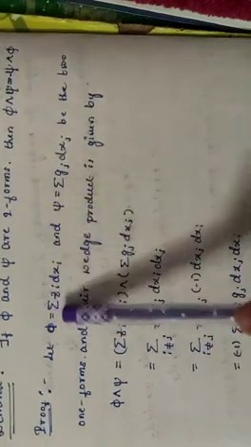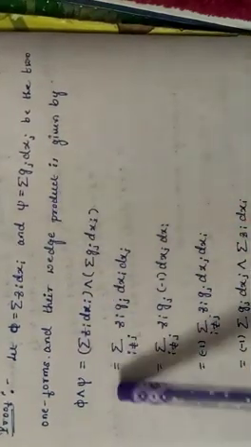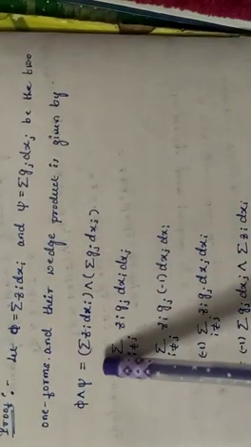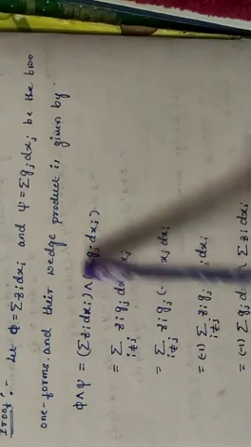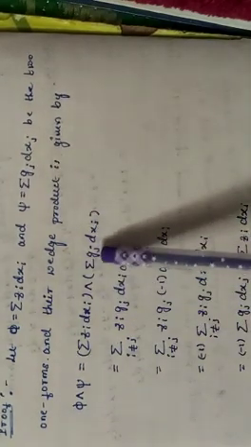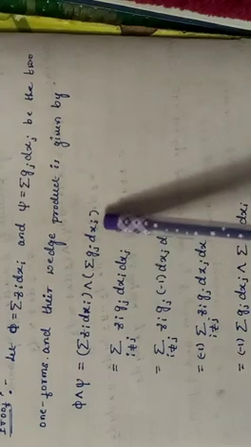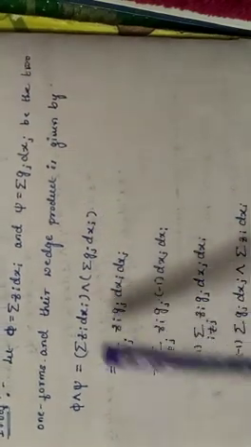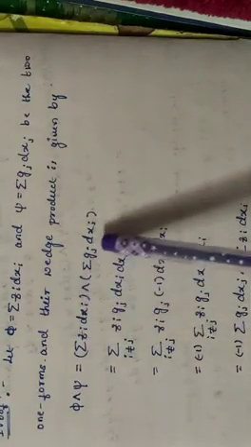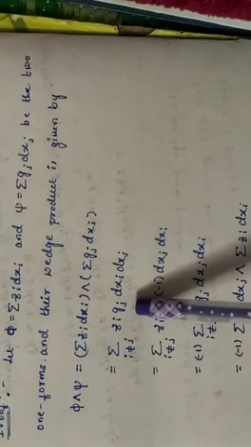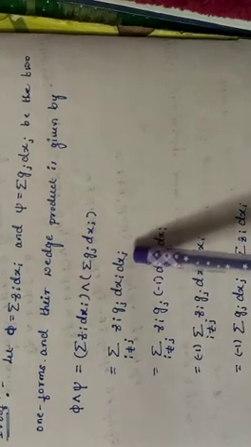The wedge product of these two is given by pi wedge psi equals summation fi into dxi, wedge summation gj into dxj. Now we have to compute the wedge product of these two. Then this equals summation over i not equal to j, fi into gj into dxi into dxj.